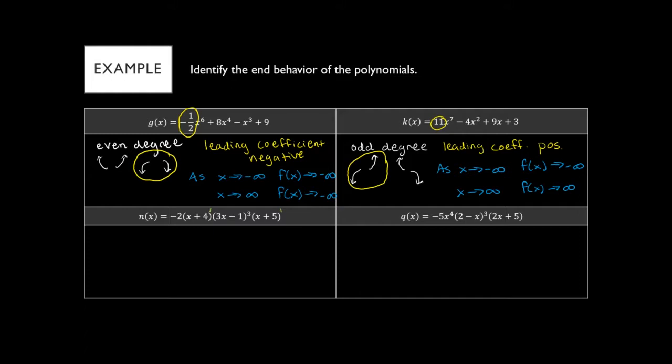Our degree here is you add all those exponents up. So 1 plus 3 plus 1, we get 5. So this is degree 5. This is equivalent to, if we multiplied it out, we'd end up with an x to the 5th. So from there, that's an odd degree.